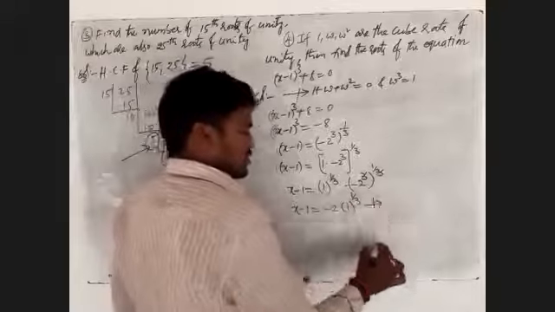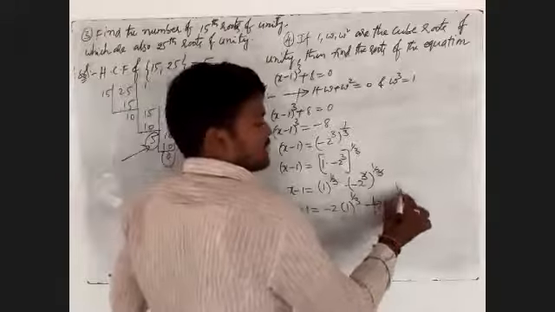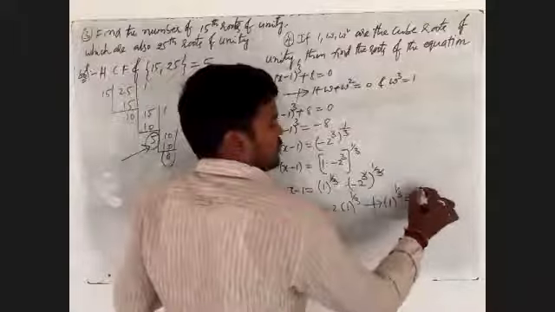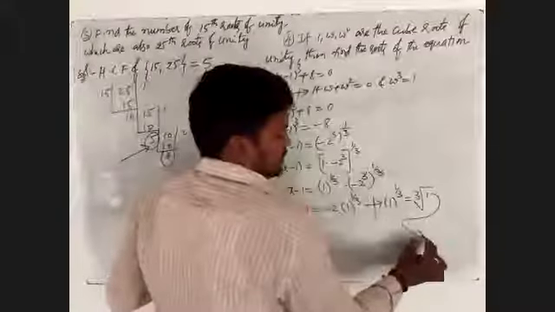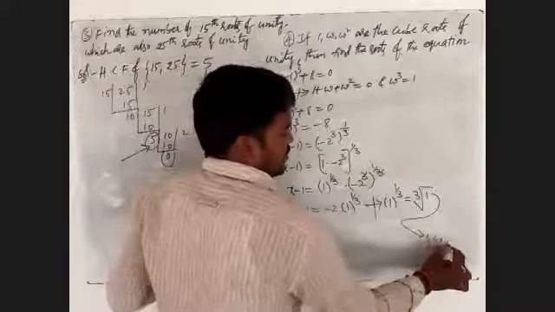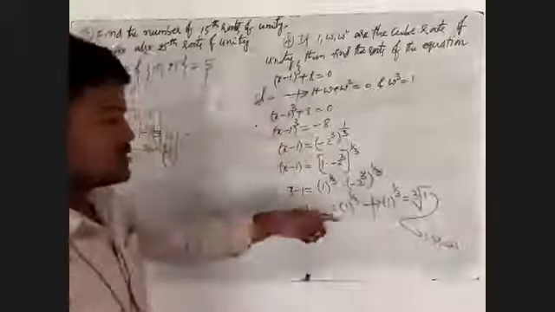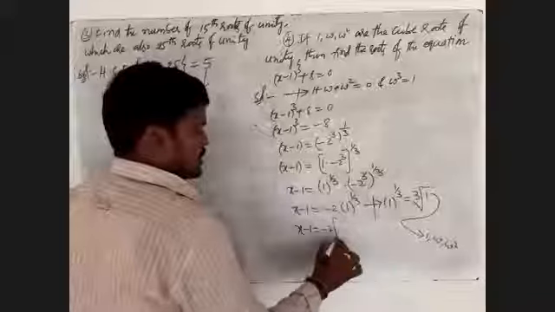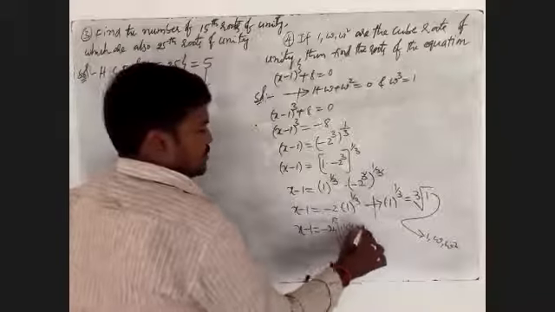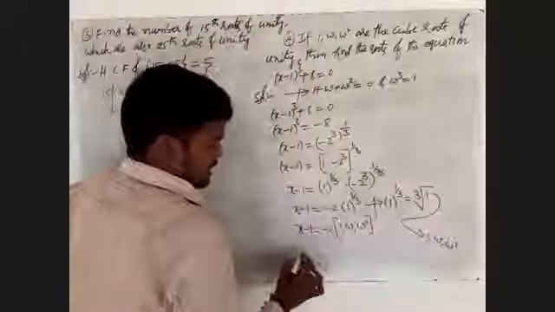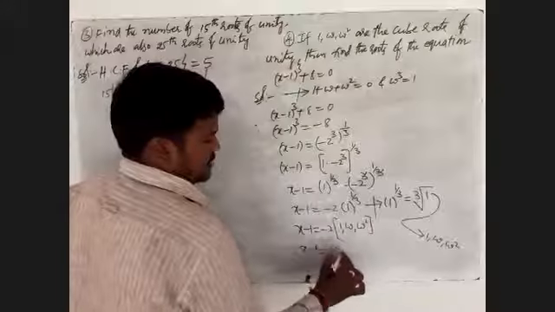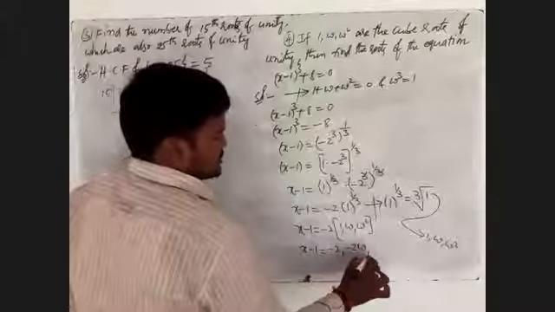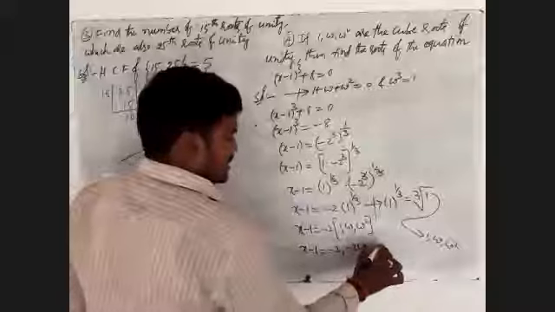We observe that 1 power 1 by 3 is nothing but the cube root of 1. The cube roots of unity are 1, omega, omega square, and we substitute them there. That is, x minus 1 equals minus 2 into 1, omega, omega square, so x minus 1 equals minus 2, minus 2 omega, minus 2 omega square.